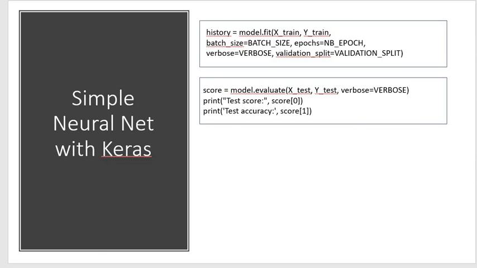At the end, I am fitting my model and also setting the parameters of epochs and batch size. I think we are pretty clear with the concept of these. Then to evaluate the model, we print the test score, where index 0 means the test score and index 1 means the test accuracy. So this is the base code of a simple neural net with Keras.